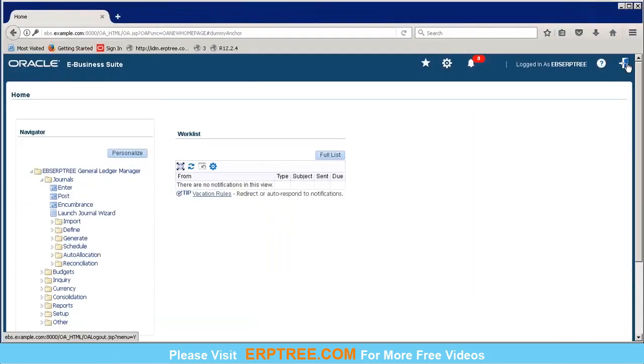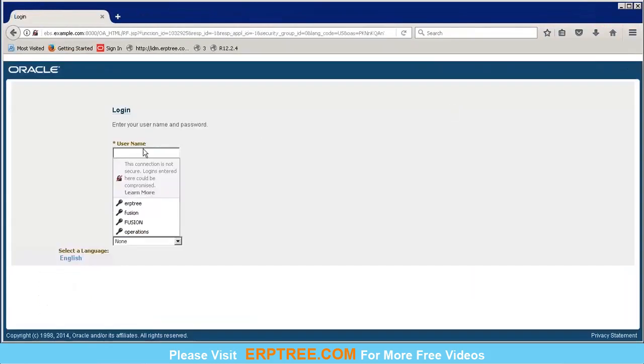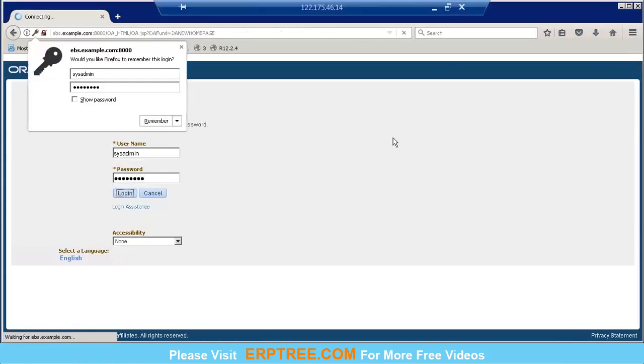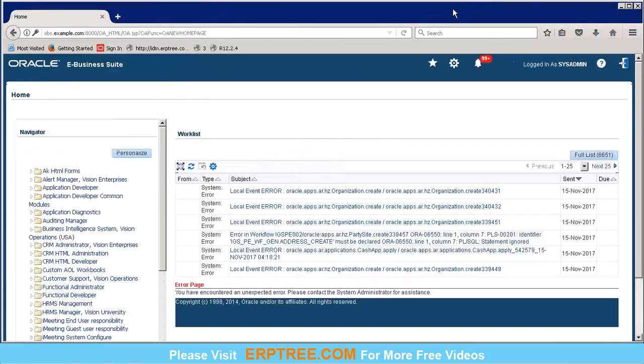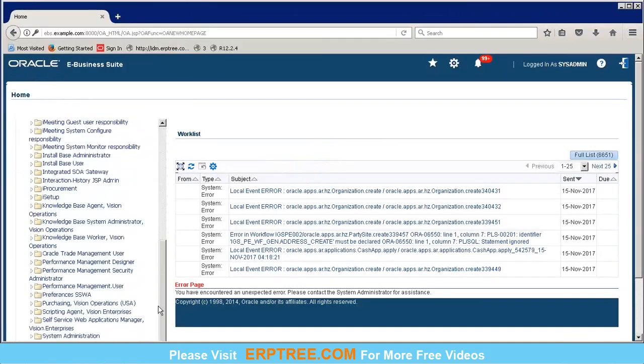When you are working in real time, you don't get an operations user, so you will always log in as a sysadmin user till you create your own user. Go to the system administrator responsibility.